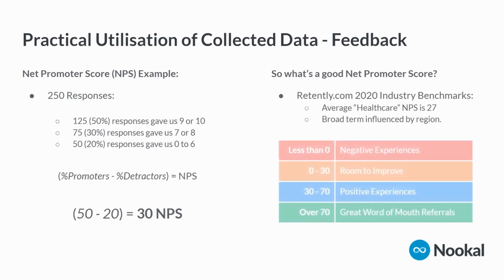A 0 to 30 is a good range, but with room to improve. 30 to 70 means you have more positive experiences. Over 70 and you'll be seeing a lot of word of mouth referrals. So by that reasoning, our clinic comes in between good and great.